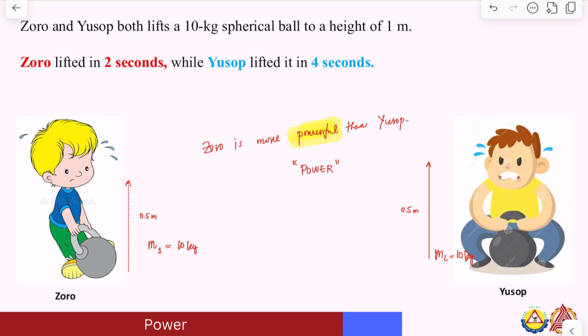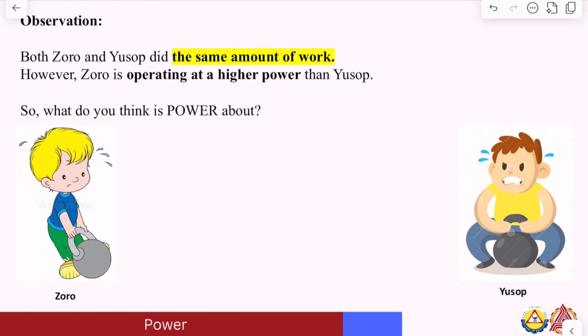Now, one of the things that you should note here, class, is that both Zoro and Usopp did the same amount of work, because basically they both lifted an object with a mass of 10 kilograms, and each of them has to lift that to a height of 0.5 meters.